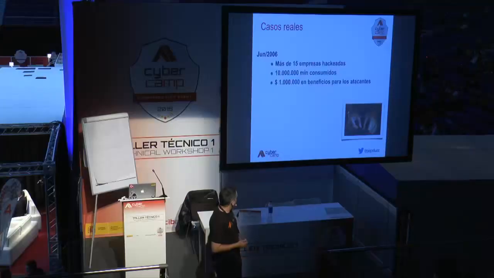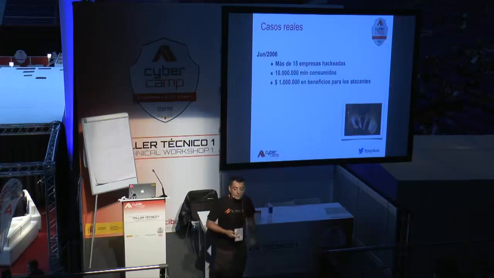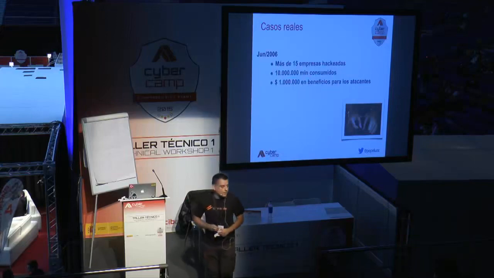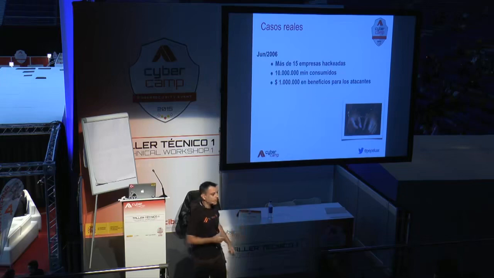Technically, he resorted to another person who was tracking operators and tracking shell accounts. They were caught in June 2006, and they had hacked over 15 companies, and the profit was around $1 million.